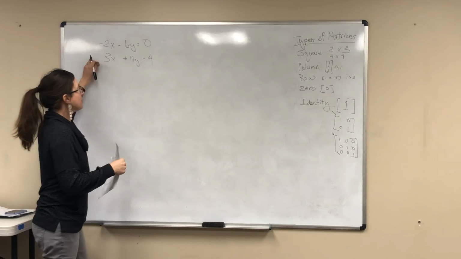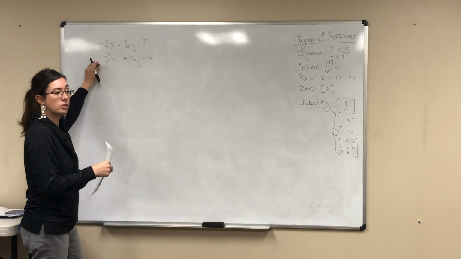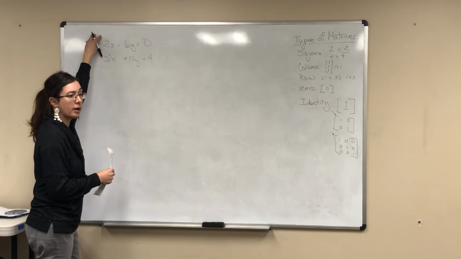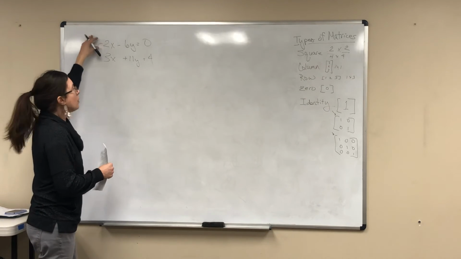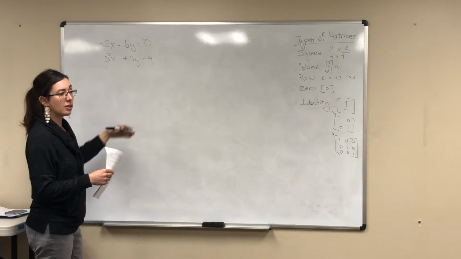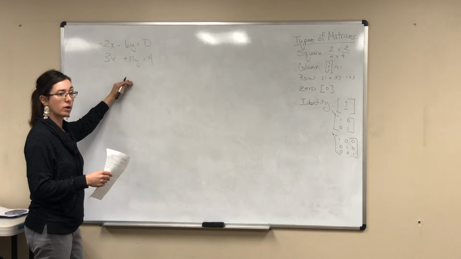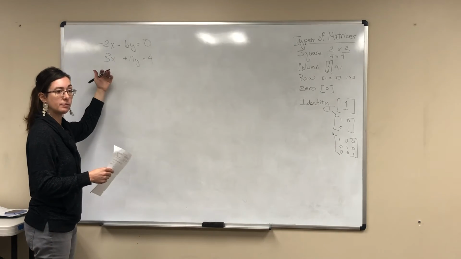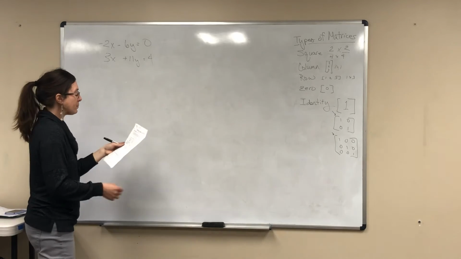Or we could make them the same and use addition and subtraction. So in this case, we would have to multiply the entire first row by 3 and the entire second row by 2. We would add them together, subtract, solve for one of the variables, in this case y, then we would plug it back in. Correct?